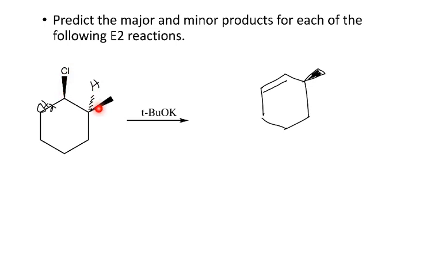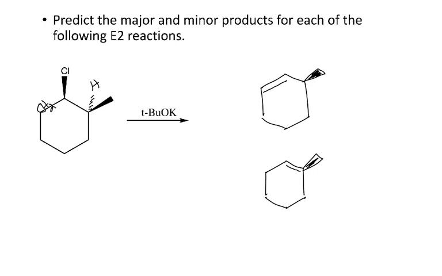If this methyl group had been down and so the hydrogen was up, then I would not have been able to get the elimination from this carbon. So remember, if the leaving group, the chlorine, is up, then the hydrogen has got to be down in order to get elimination. And so that is our second product.